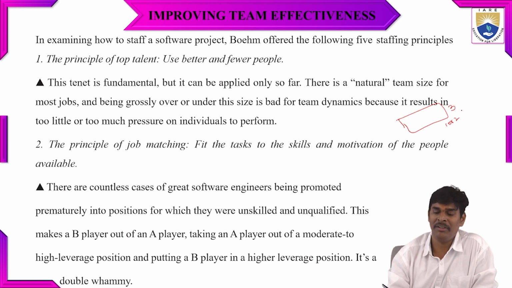If you take all 3 persons as very highly skilled in that particular team, each and every person is trying to gain their own recognition, so there is no cooperation from one member to another member.